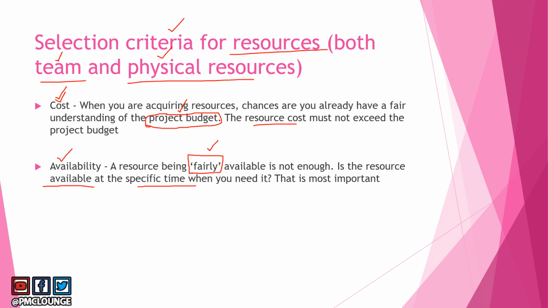So let's say you need a server to create a customer environment and you have invited the customer on 30th of August to test the new product that you have created. That resource, that server to create the customer environment should be available on 30th of August. That's how specific you need to go when it comes to availability.